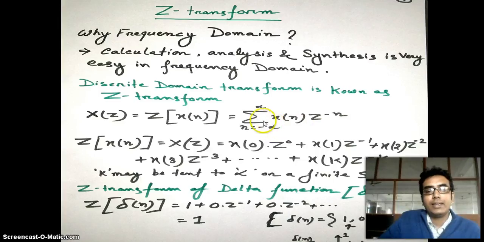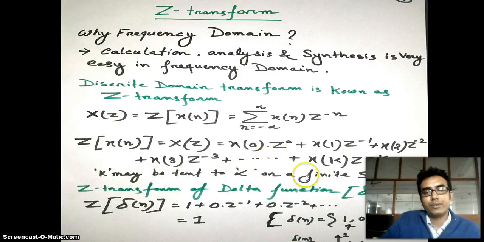Here n is the range of x[n]. So we can say X(z) equals x0 into z to the power 0, plus, if n equal to 1, x1 z to the power minus 1, n equal to 2, then x2 z to the power minus 2, and so on.